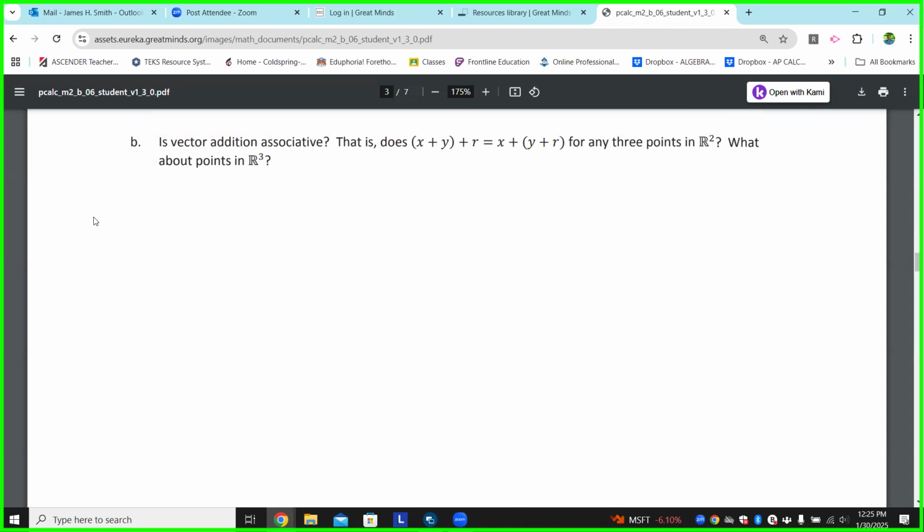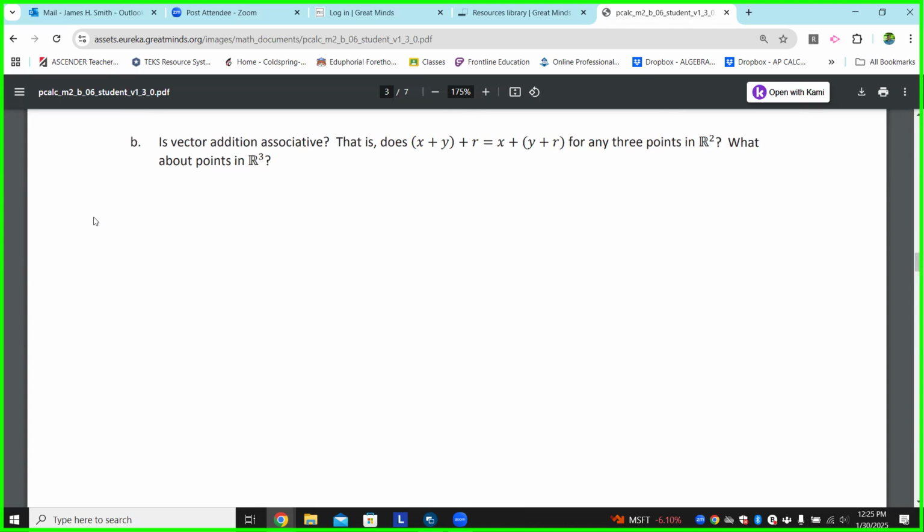So my next question is, is vector addition associative? What does associative mean real quick? If commutative means order doesn't matter, associative is grouping doesn't matter. Parentheses, grouping, which in this case does x plus y.